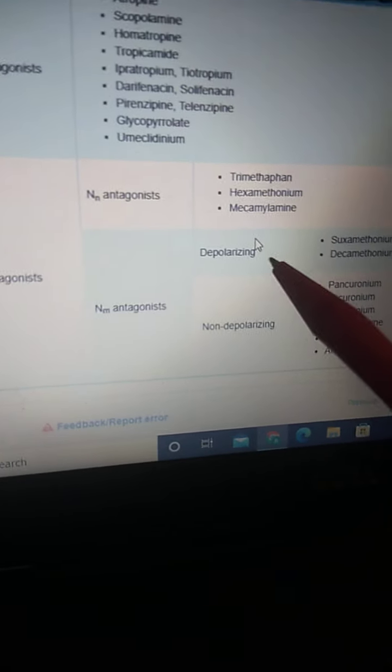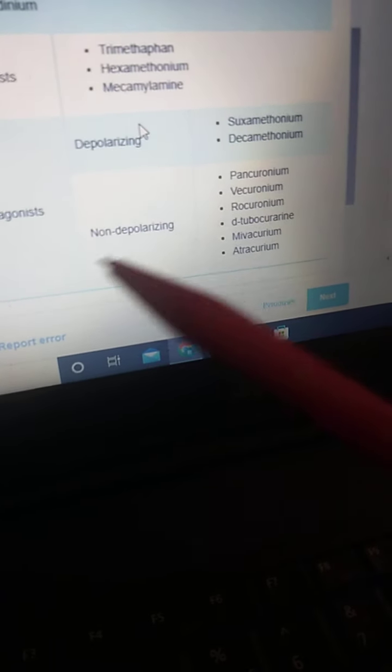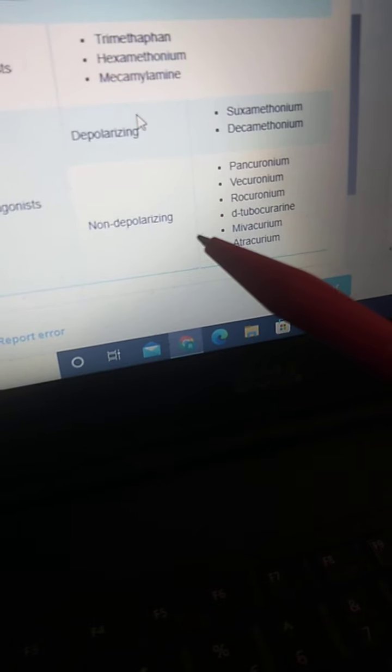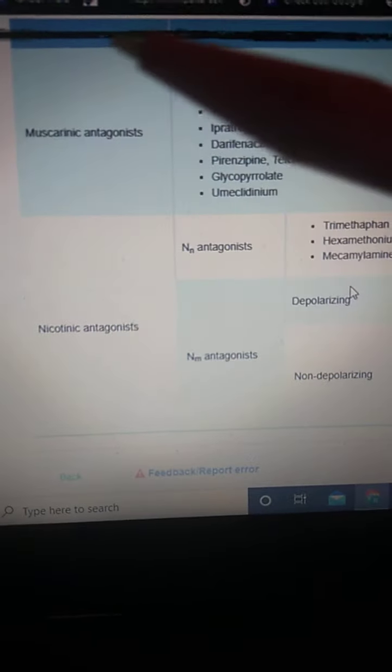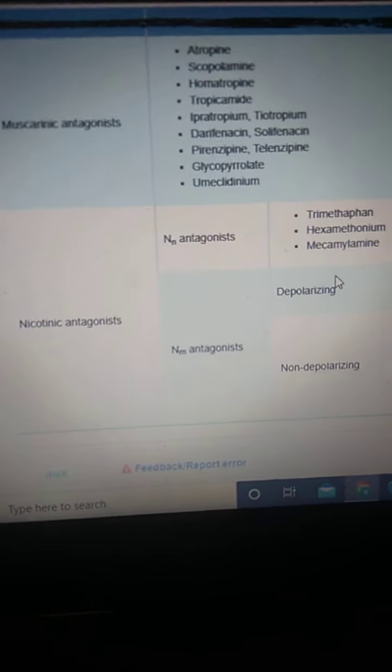NM antagonists, we have depolarizing and non-depolarizing. Depolarizing is decamethonium. Non-depolarizing are pancuronium, vecuronium, rocuronium, d-tubocurarine, mivacurium, atracurium. So that is what is important.